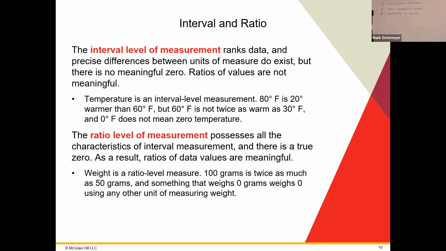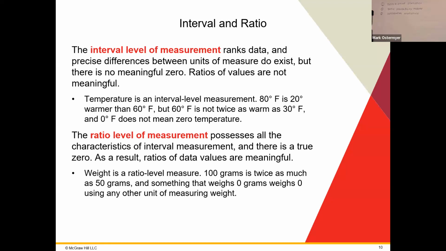All right. For instance, the weight of a person would be a ratio level measurement or data value in the sense that 150 pounds is 30 pounds heavier than 120 pounds. So the differences have meaning. We can rank weights from smallest to largest.